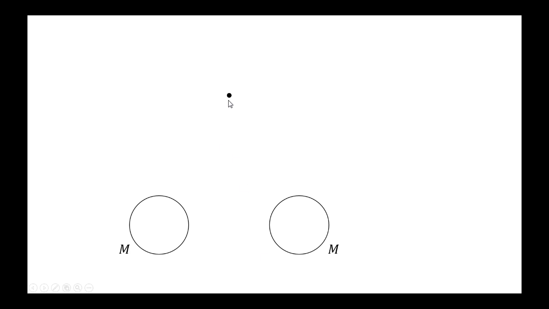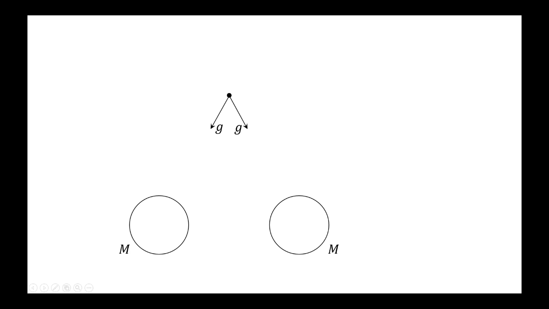So if I put a little test mass right here, it'll be attracted to this mass, and also attracted to this mass. Now I'm not drawing F, the force, I'm drawing g, the strength of the field. Because g, the strength of the field, is always in the same direction as the force on a test mass. Well, now I just have to add these two vectors together and I get my answer.